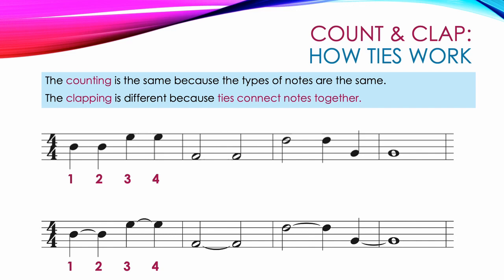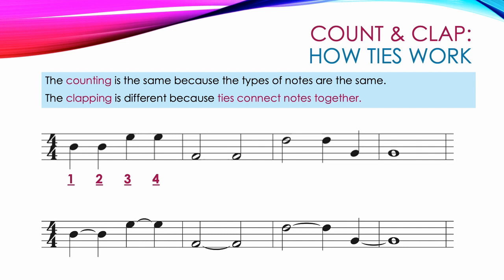The clapping is different because ties connect notes together. In the top example, there are no ties, so every note also gets its own clap. 1, 2, 3, 4. But in the bottom example, we tie some notes together. Count 1, the first quarter note, is tied to count 2, the second quarter note, which makes a longer note.